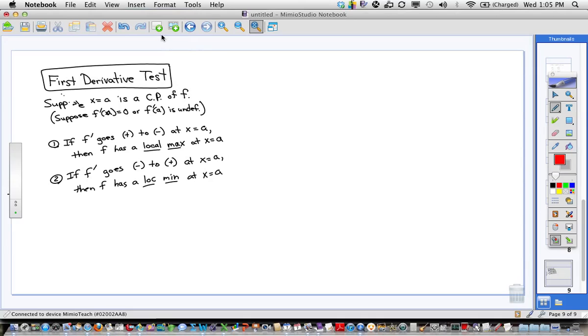A function is increasing if its y values just continue to get bigger. But like x cubed, it could level off just for an instant, have a flat spot, and keep going. It's still always increasing. All right? But a horizontal line would not be increasing, right? Because its y values are not getting bigger.